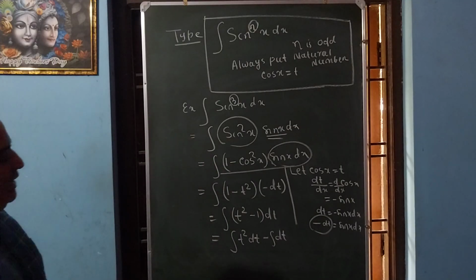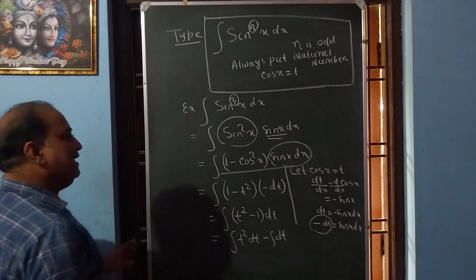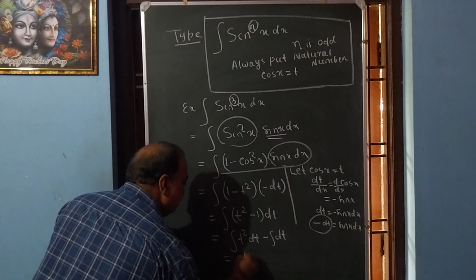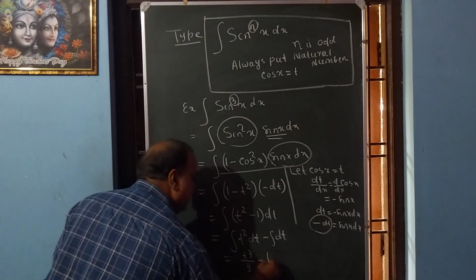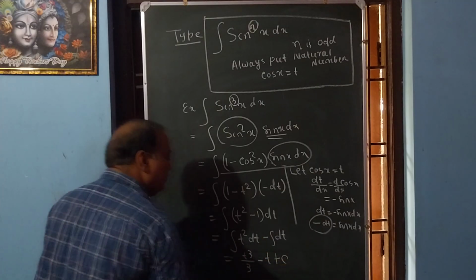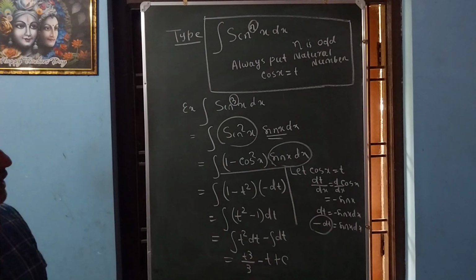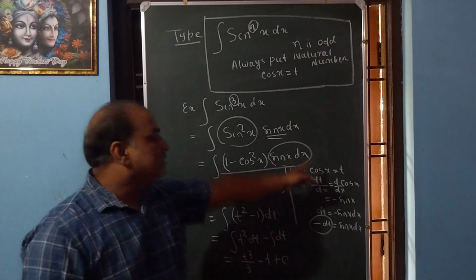So here integration of t^2 dt is t^3 by 3, minus integration of dt is t, plus c. Okay, now in place of t we have to put cos x.